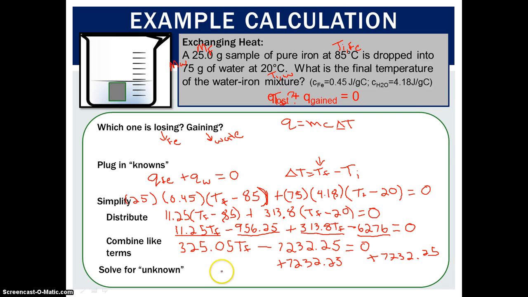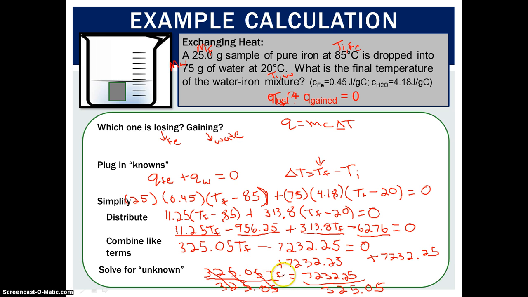So I end up with 325.05 times TF equals 7,232.25. The last step to solve for TF will be to divide both sides by 325.05. Over here, that cancels this out. I have to do the same thing on this side.